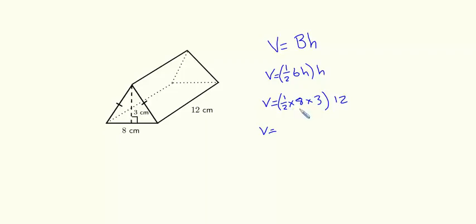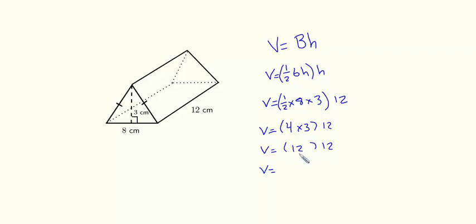1/2 times 8, or 1/2 of 8, that's 4. So we have 4 times 3 times 12. So 4 times 3 is 12. So now we have 12 times 12.